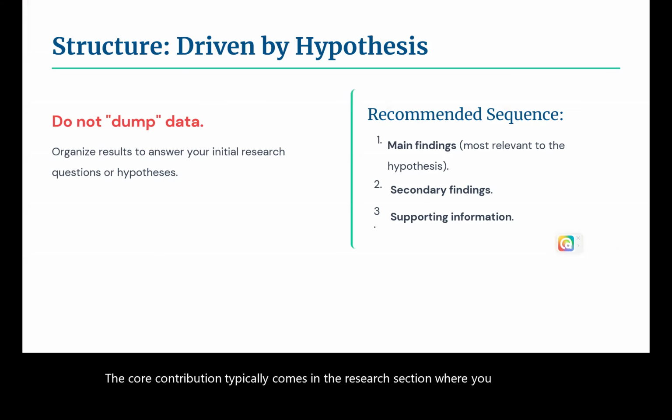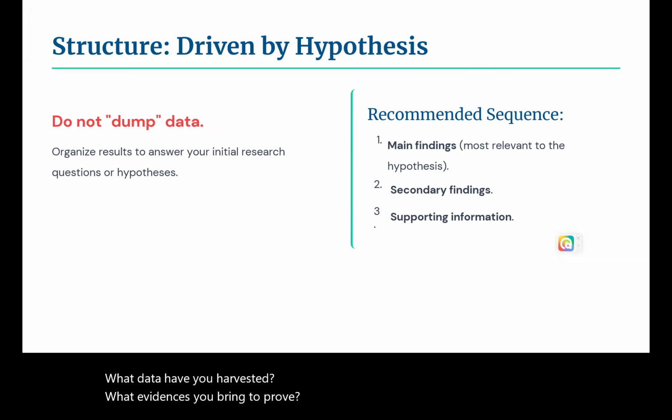Now, the very structure of your results section should be driven by hypothesis. Do not dump data. Organize results to answer your initial research questions or hypotheses. Now, in the very order of research questions and hypotheses, you have to organize your results and discussion section.